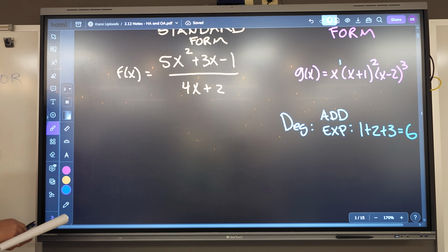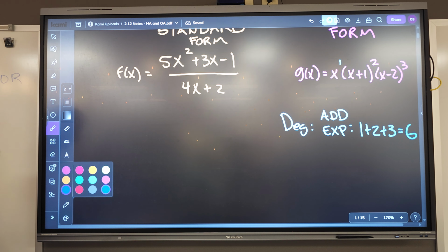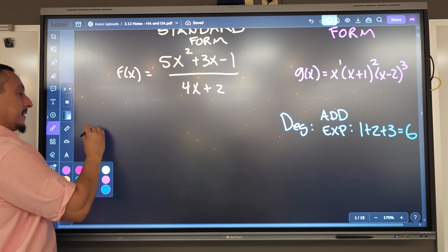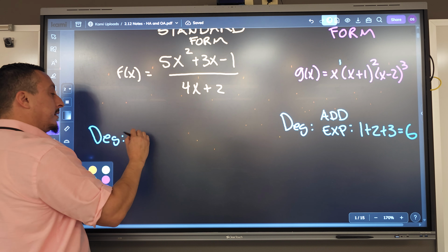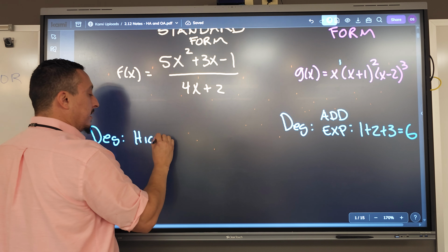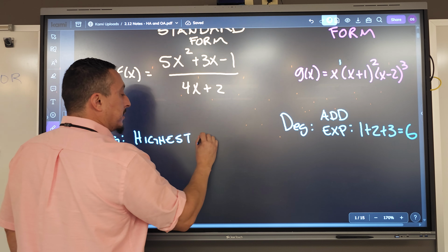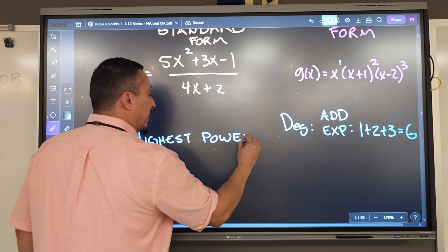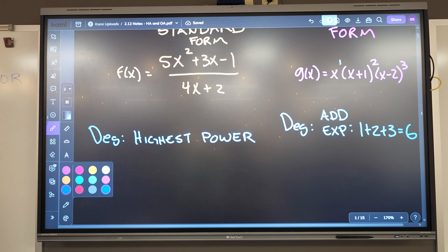On standard form, to calculate the degree, we take the highest power. Now, one confusing part is you might think the highest power of the whole fraction. That's not the case. We look at the numerator and the denominator independently.